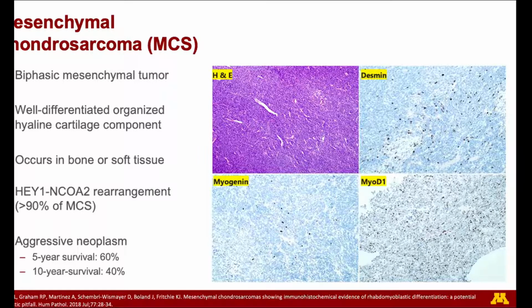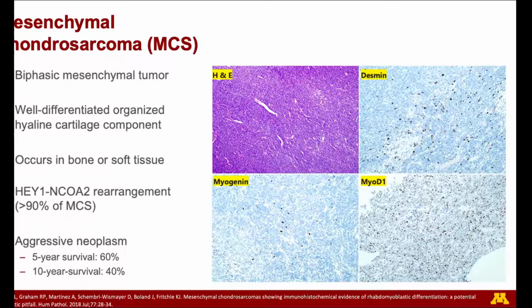Mesenchymal chondrosarcomas are classified under chondrogenic tumors. It is a high-grade malignant biphasic mesenchymal tumor with a well-differentiated organized hyaline cartilage component with a characteristic HEY1-NCOA2 fusion in more than 90% of cases. They are aggressive tumors with a 5-year survival rate of 60%.